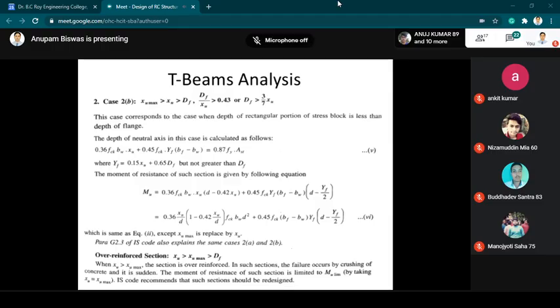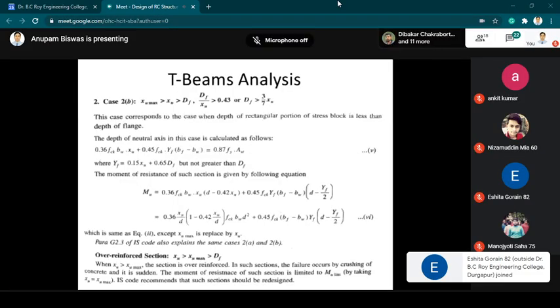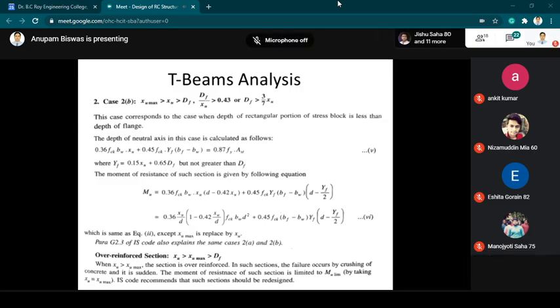Total tension remains the same, 0.87 fy Ast, and total compression will be in terms of yf, because we have to consider the portion below the rectangular portion. For the ease of calculation, whenever any parabolic portion of the stress block is coming, the IS code has considered the factor yf, and it should not be greater than the value of Df.